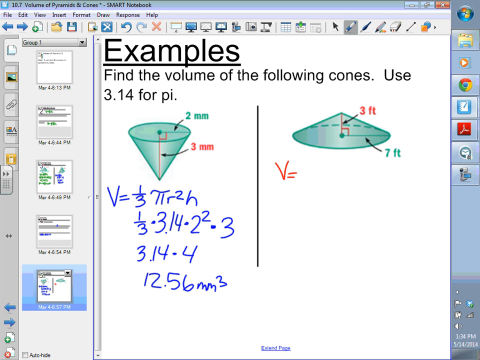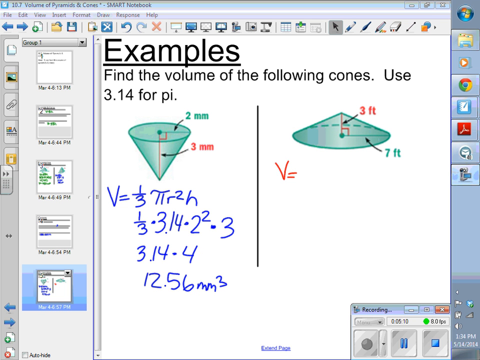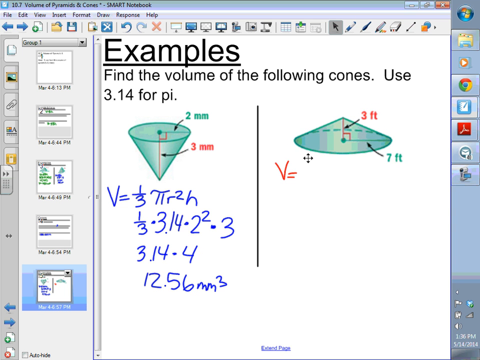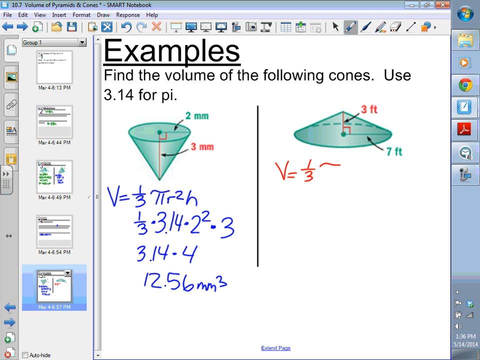Volume. Okay, so we got, oh, sorry. Okay, 1/3 pi r squared h. So then we fill in what we know. We got 1/3 times 3.14 times 7 squared times, we've got a height of 3 again.